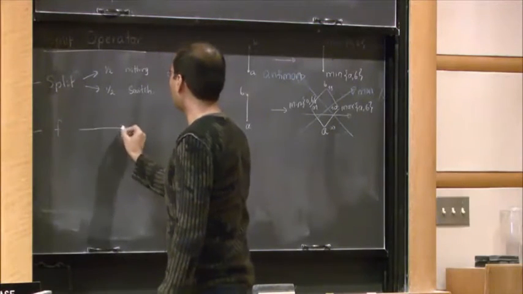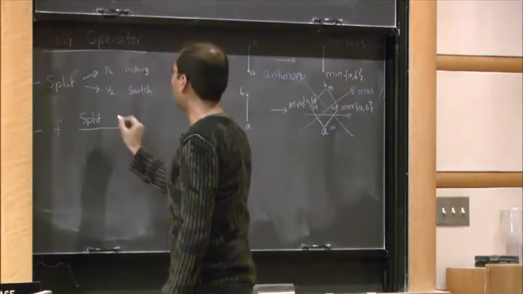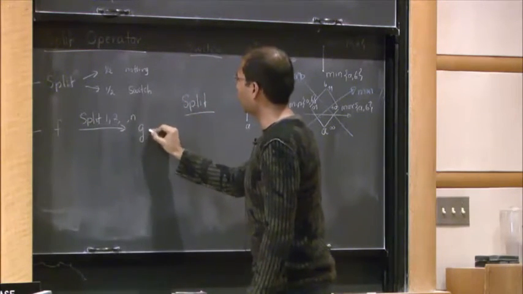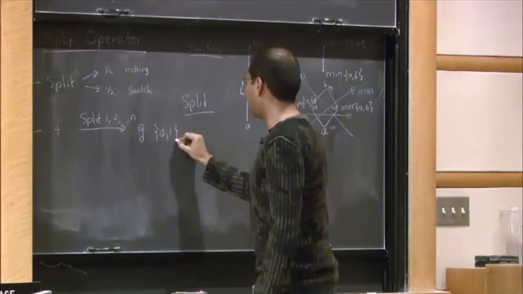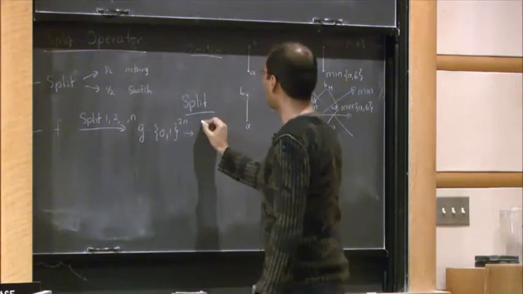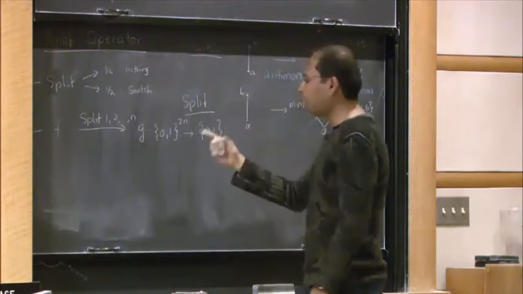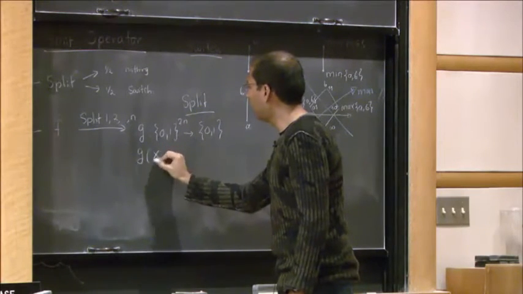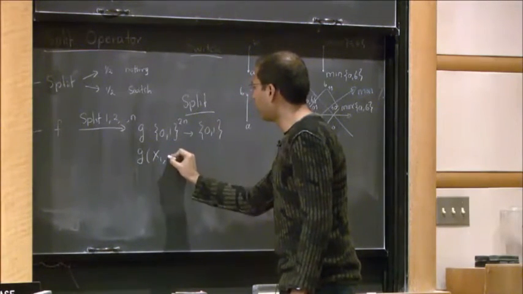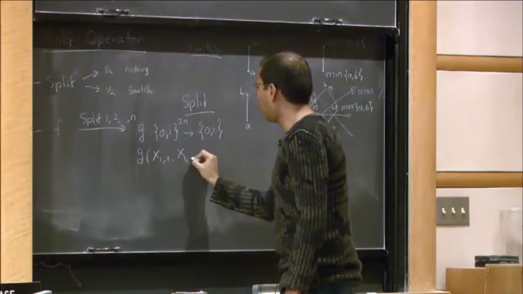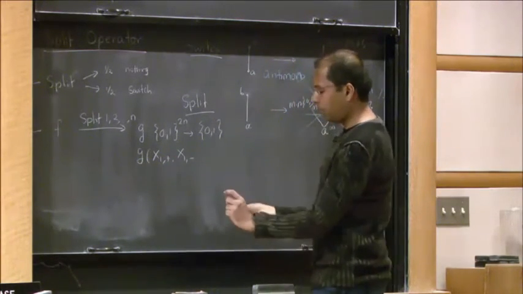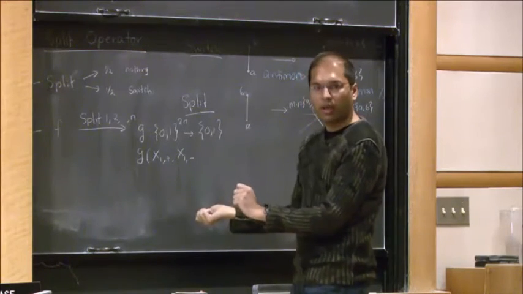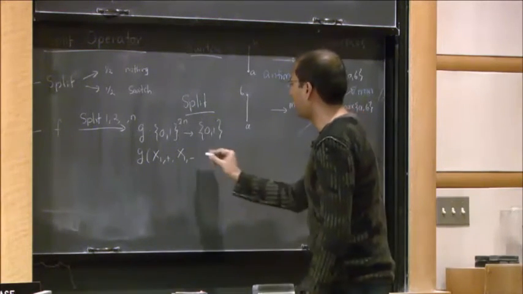You can start with the function f and apply the split operator on all the coordinates one by one, 1 through n. You are going to get a function g, which, as Avi pointed out, is a function of double the coordinates, and the coordinates are paired. Each coordinate, let's say coordinate number 1, got split into a so-called plus coordinate and a minus coordinate, meaning monotone and anti-monotone.